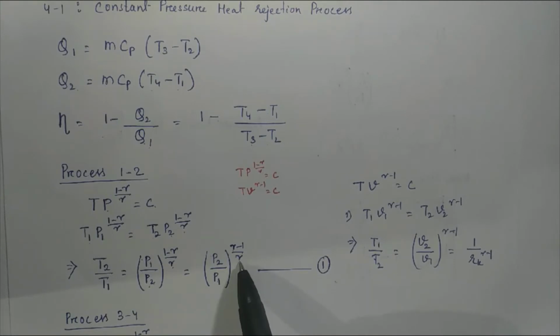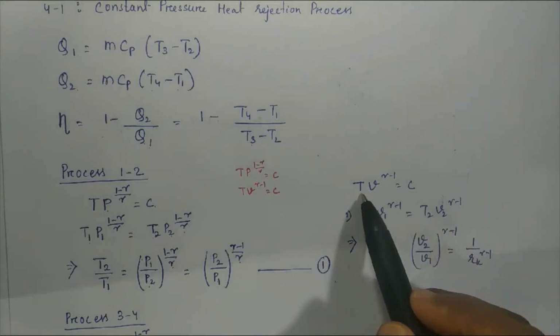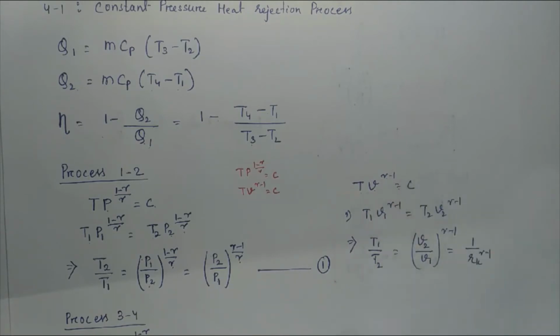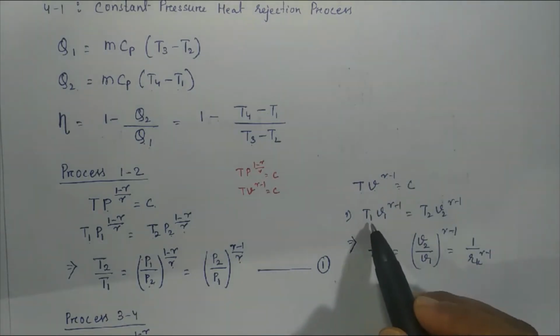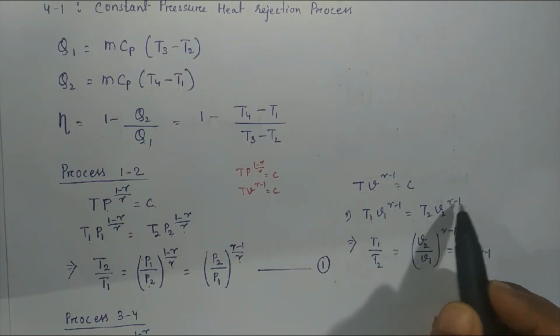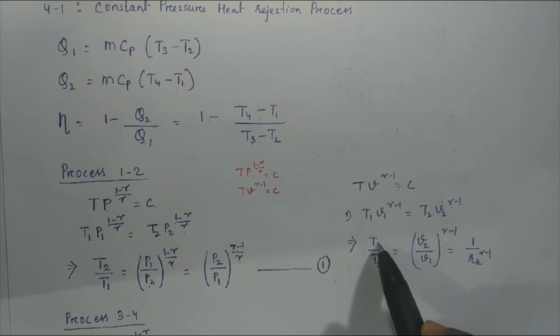If I take P2 to the numerator and P1 to the denominator, this changes to T2 by T1 equals P2 by P1 to the power (gamma minus 1) by gamma. Next we consider T v to the power (gamma minus 1) equal to constant, another adiabatic equation. So T1 V1 to the power (gamma minus 1) equals T2 V2 to the power (gamma minus 1). We can say T1 by T2 equals V2 by V1.